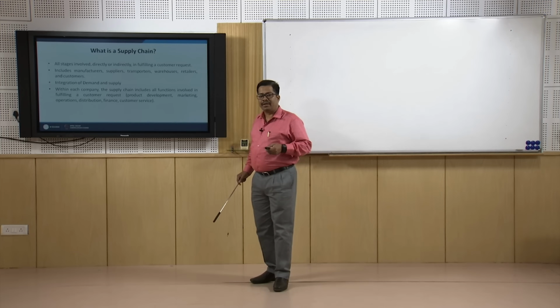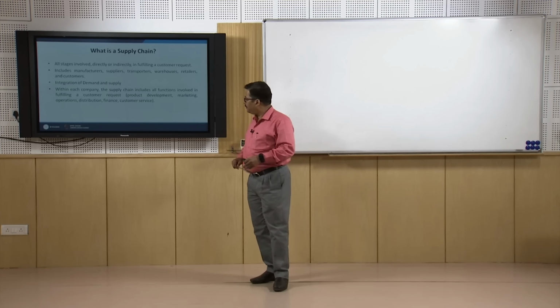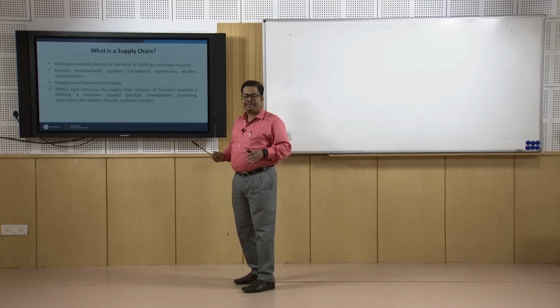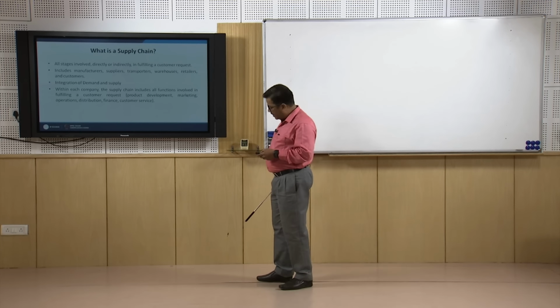It is very much similar when we talk of integrated marketing, when we talk of total quality management, or when we come to this class of supply chain management, we talk of involvement of all functions. So this holisticity is very important in modern management concepts, and that is what we are trying to emphasize.